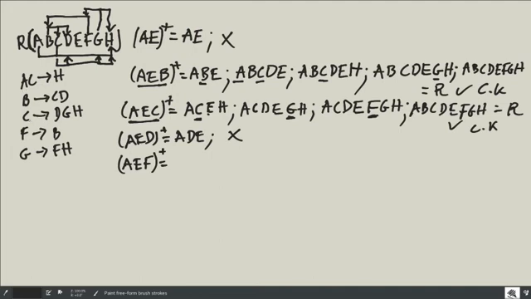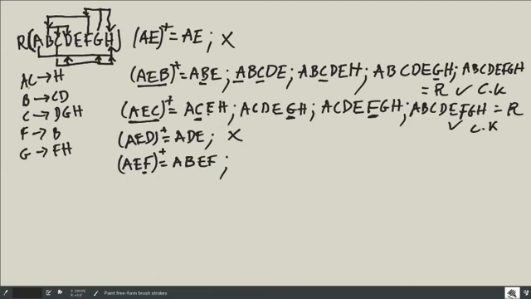No. Do I have C? No. Do I have F? Yes, I do. I have F here. So A, E, and F takes me to, well, to B. Let me put this sorted. So F takes me to B. And then I have E and F.